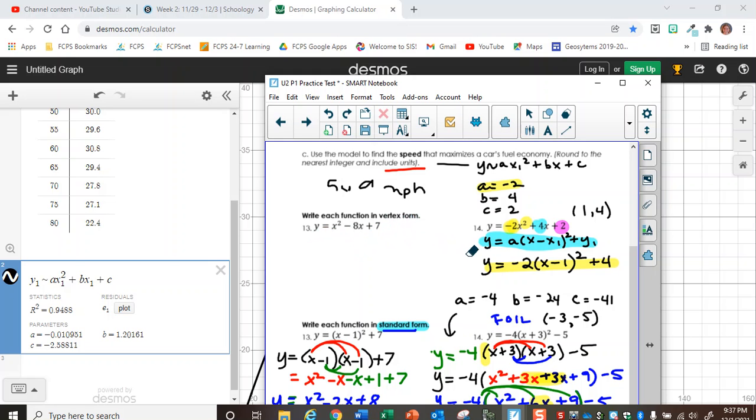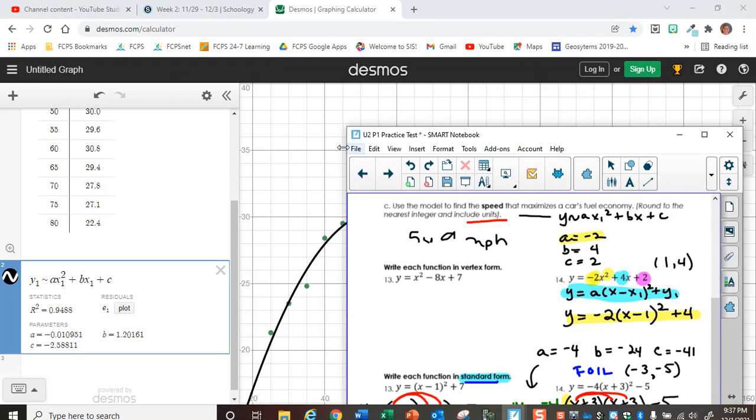This is vertex form right here, A in front with the parentheses, x minus h, plus k. All right, so I'm going to go from standard form to vertex form. What I'm going to do is just type this into Desmos.